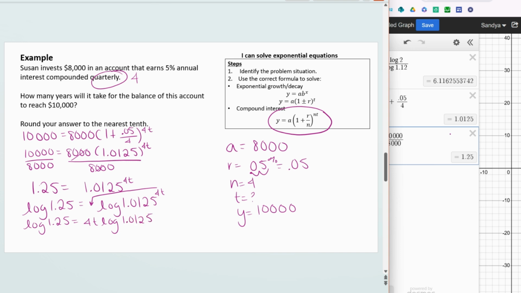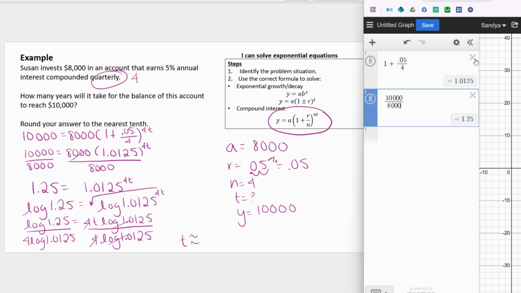Okay, so now remember I need to divide by everything but the variable, right? So I'm going to divide by 4. I'm going to divide by log of 1.0125. And whatever I do on the right side, I have to do on the left. So I have 4 log 1.0125. Here, everything cancels, leaving me with just t. So that means t is approximately equal to, let's go to our calculator now.